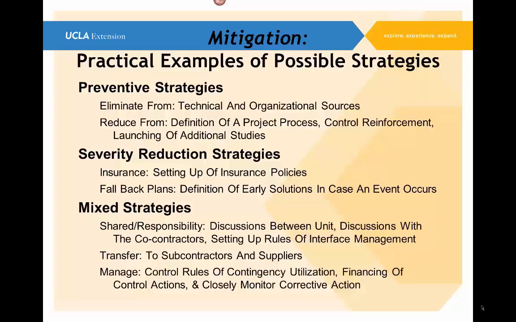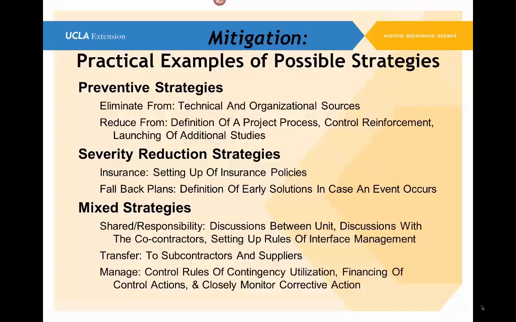And then there are some more complicated or complex strategies where we do a combination of things. Shared responsibility. We work with other units, other divisions in the company or other projects to try and see how we might work together to mitigate a potential risk event.